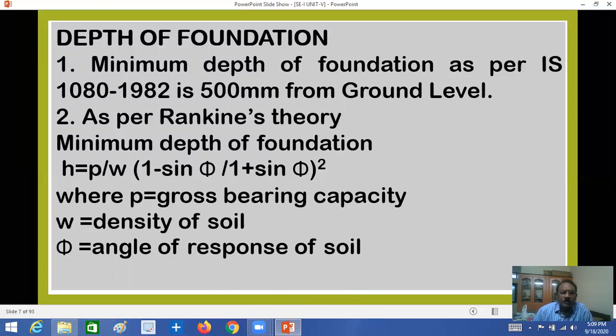What is the minimum depth as per IS 1080-1982? It is 500 mm from the ground level.